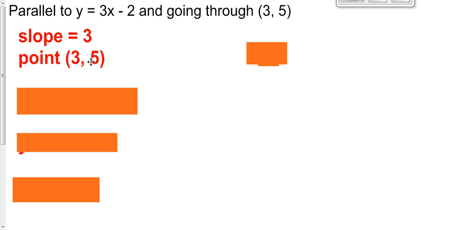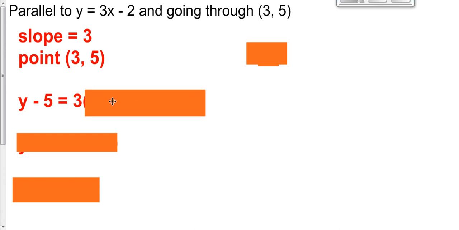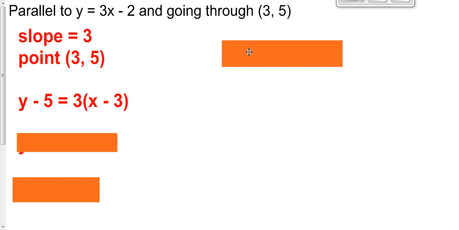Since you have a point and a slope, use your point slope formula. So we'll go y minus the y-coordinate of your point, equaling your slope times x minus the x-coordinate of your point. And then we want to distribute through to get rid of the parentheses so that we can get y by itself. And then we want to get y totally by itself by adding 5 to both sides.